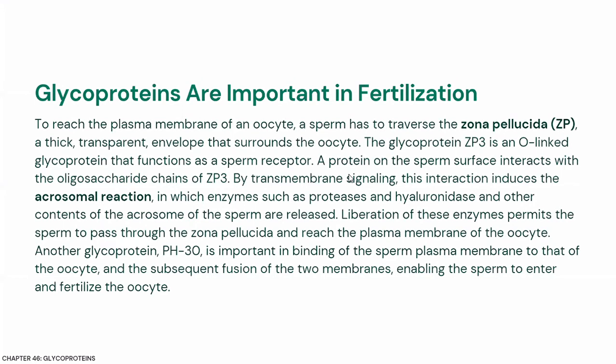And once the sperm passes through the zona pellucida and hits the membrane of the egg cell or oocyte, you have a glycoprotein PH30 important in the binding of the sperm membrane to that of the egg cell, so that the two membranes will fuse together so that now the sperm can enter and fertilize the egg cell.